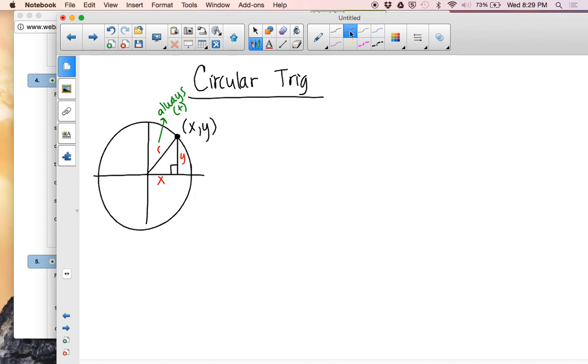So if I think about this, sine theta, where theta is always next to the origin, is opposite over hypotenuse, which makes it y over r. Cosine theta is adjacent over hypotenuse, which makes it x over the radius. Tangent of theta is opposite, which is y, over adjacent, which is x.